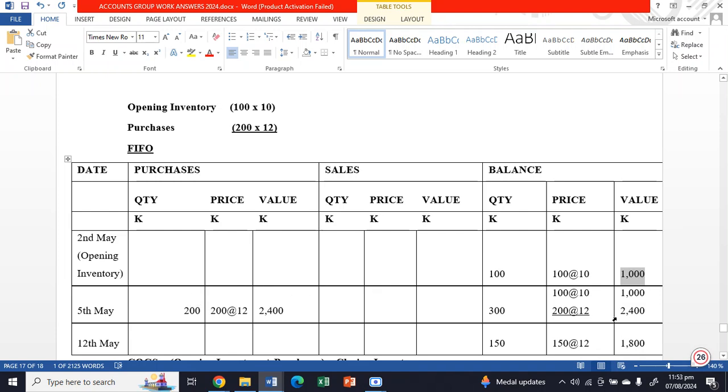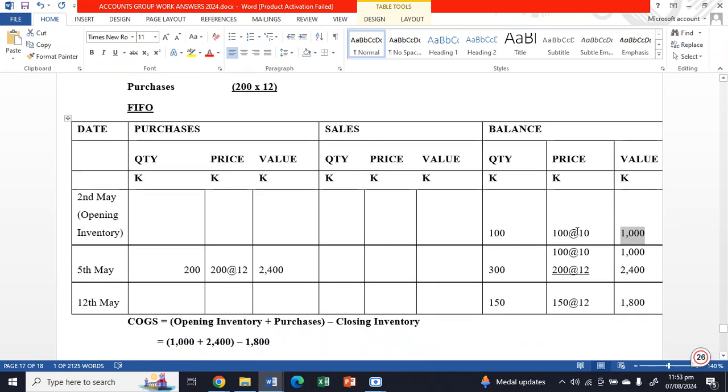5th May comes in. We buy 200 goods, each of the goods costing 12 kwacha. So 200 times 12, we get 2,400 kwacha. Whenever you purchase goods, you're always going to separate the goods so that you know which one came in first, which one came in last.